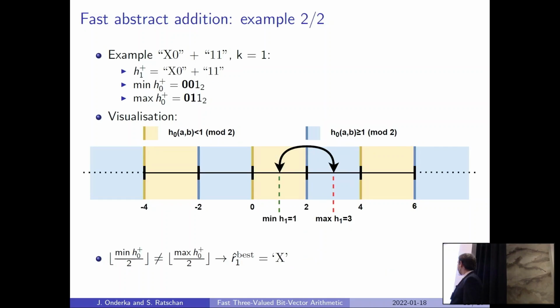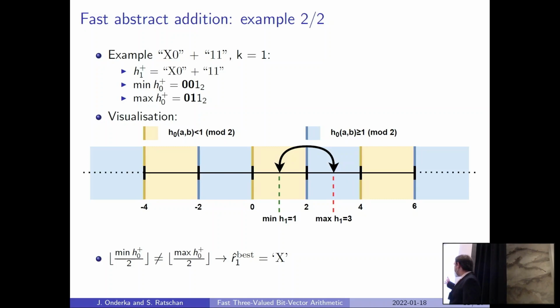And if we have the second least significant bit, then basically we now have h1, x0 plus 1, 1. Now, if we minimize, that is 0, 1, and the maximum is 1, 1.